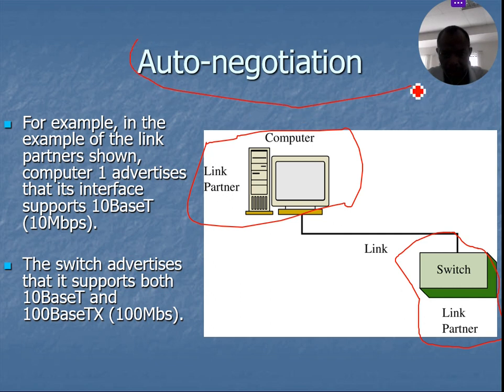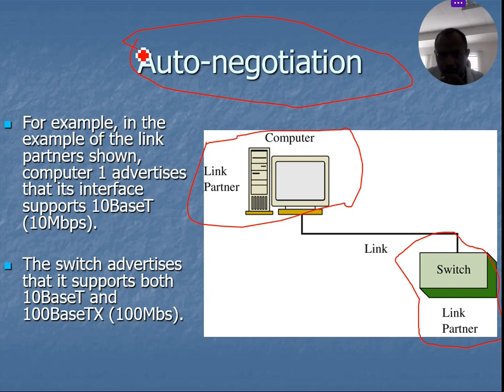It's a process whereby a device on a network advertises its data link capability, and the corresponding link partner also advertises its data link capability, and hence establishes a link if both of them are compatible.